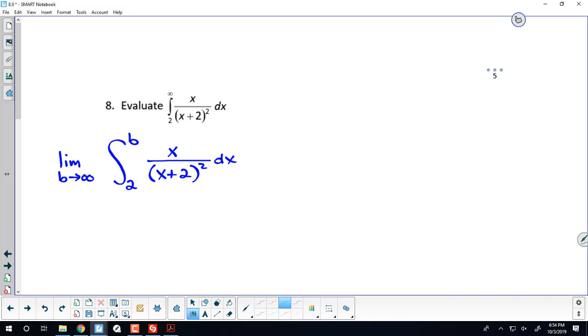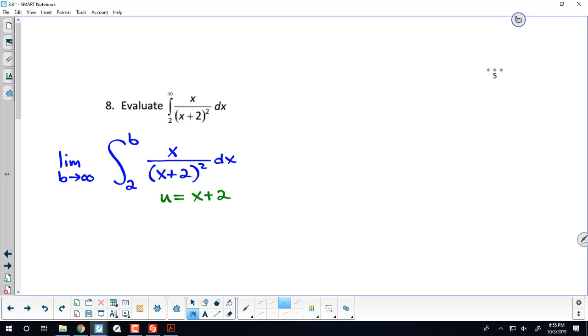You've got a polynomial over a polynomial, factored for us already, so we've got a repeated linear factor for partial fractions. You could try those. I think it's easier with a u substitution, though by parts and partial fractions would certainly work.